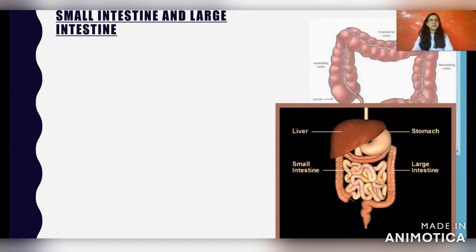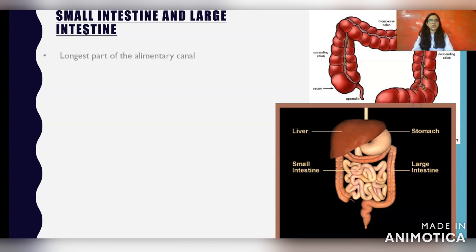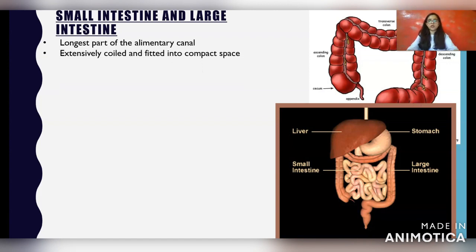First of all, let us learn about the small intestine. The small intestine is the largest part of the alimentary canal and it is fitted into a small space. Why? Because it is extensively coiled and fitted into a compact space. Carnivores have a shorter and herbivores have a longer small intestine. Why is it so?